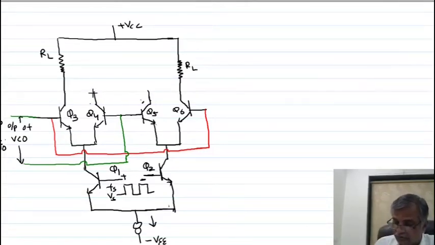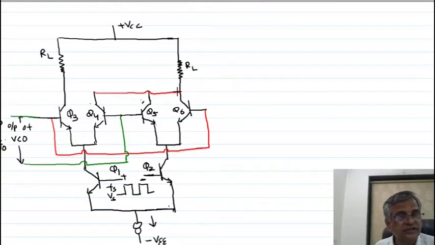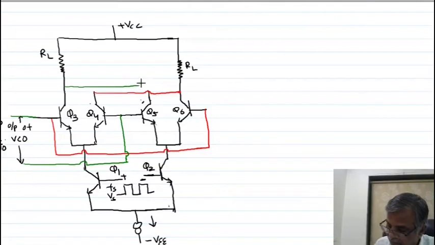Now remember, the collector of Q4 is connected to the collector of transistor Q6, and the collector of Q5 is connected to the collector of Q3.